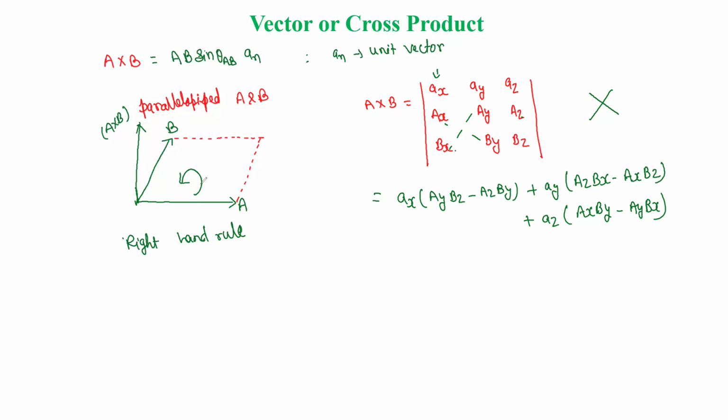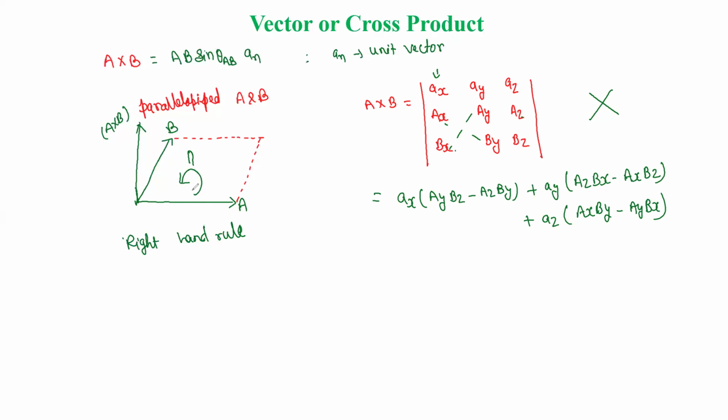What will be the direction of the thumb? That represents the direction of the unit vector, which will be perpendicular to the surface that contains vectors A and B.